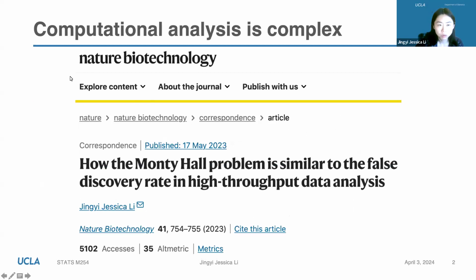So first of all, I want everybody to have this impression: computational analysis is complex. As I said, the last lecture's take-home message is to try to understand the difference between inference about the population and prediction for individual instances. That was for last lecture. As examples, for inference you can think about hypothesis tests, and for prediction you can think about classification and regression.